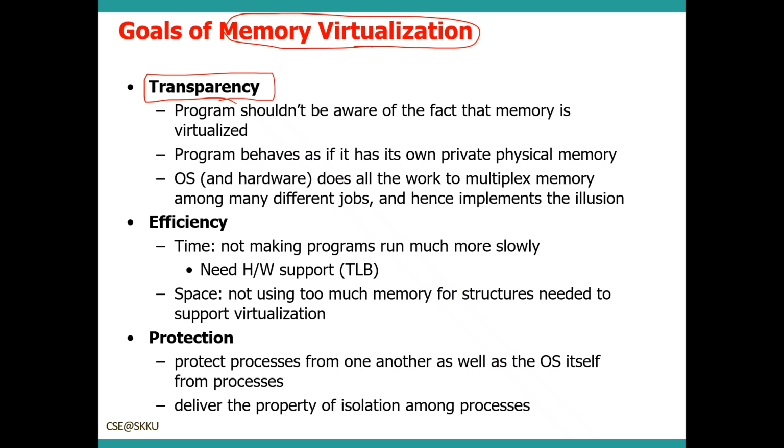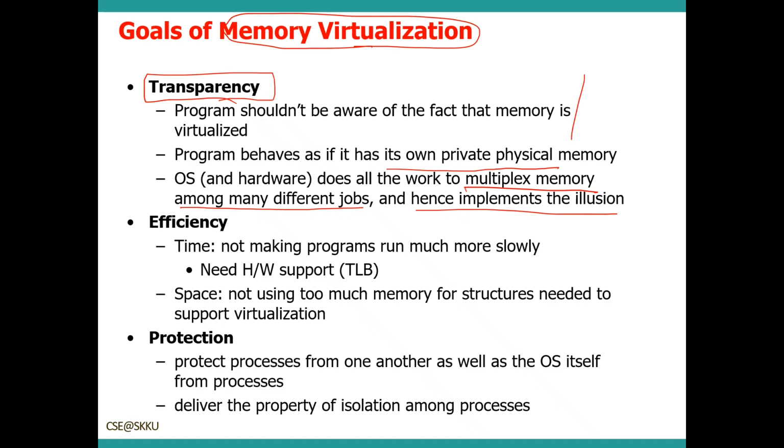It does not need to consider the physical reality. The program behaves as if it has its own private physical memory, and the OS does all this virtualization work to multiplex memory among many different jobs, and hence implements the illusion of virtualization. Okay?